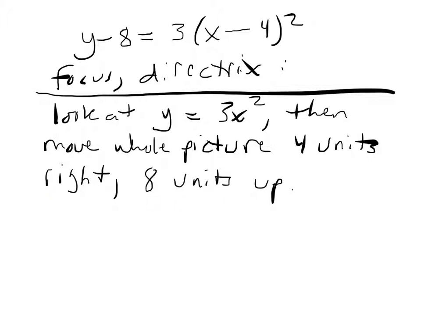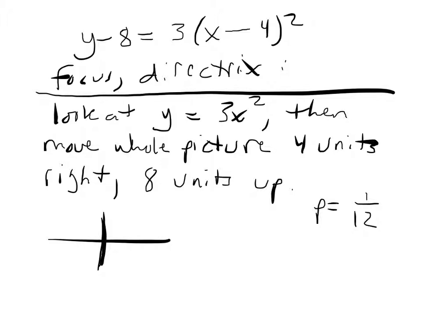So we just saw in the last question for 3x squared, our p was going to be 1/12. So I'm going to move the whole picture 4 units to the right and 8 units up. Moving things left or right is not going to affect my directrix at all.